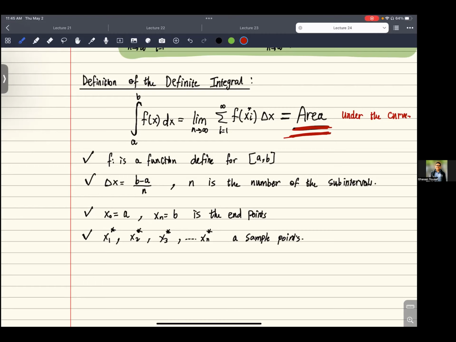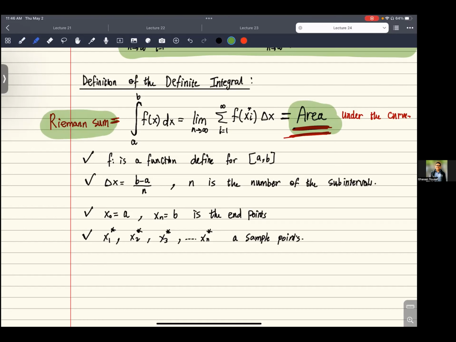Okay. And this thing here is called the Riemann sum. We were finding the Riemann sum in the previous section. So the integral is the same as the Riemann sum, which is the same as the area under the curve.